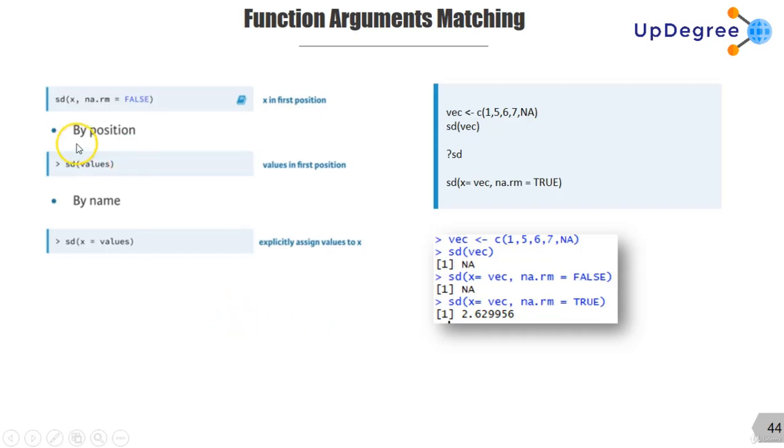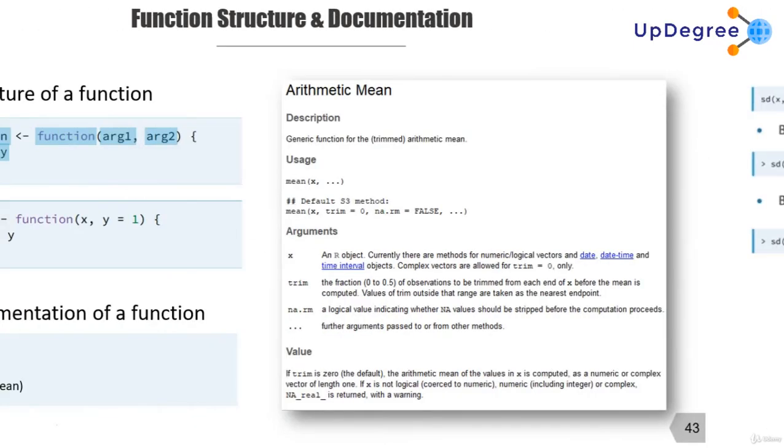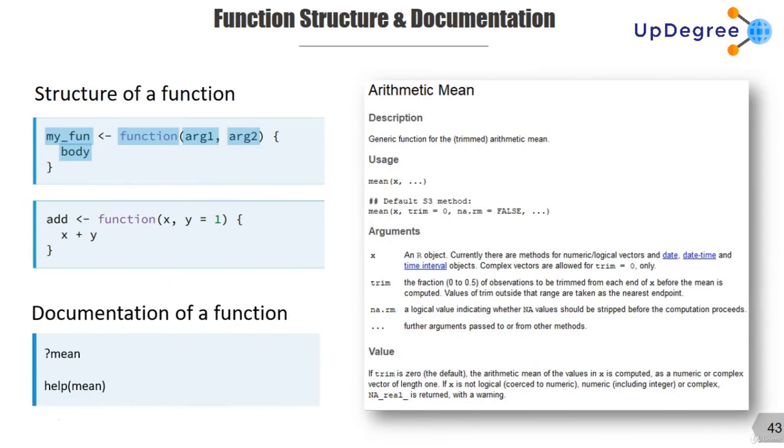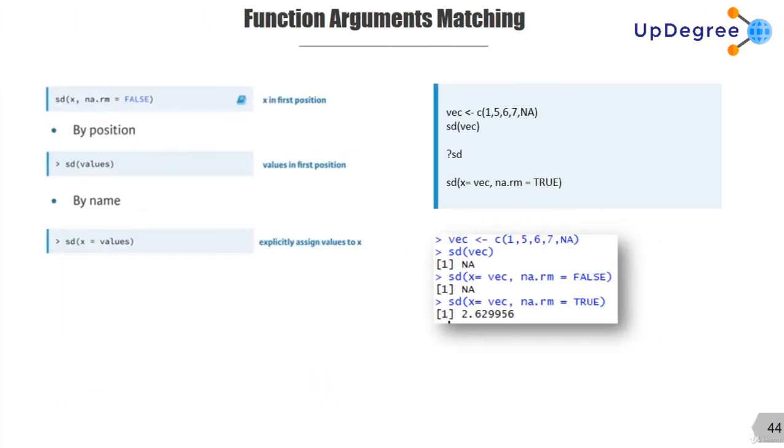Instead of the position you can choose by name. You can say na.rm is equal to FALSE or TRUE, and it would understand. I will show you the demo, but before that, I hope you got an understanding of how a function looks and how it works.